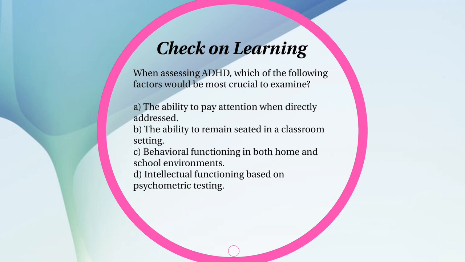C, behavioral functioning in both home and the school environment. Or D, intellectual functioning based on psychometric testing, right? So if you need a second, pause the video, do so and pick your answer.